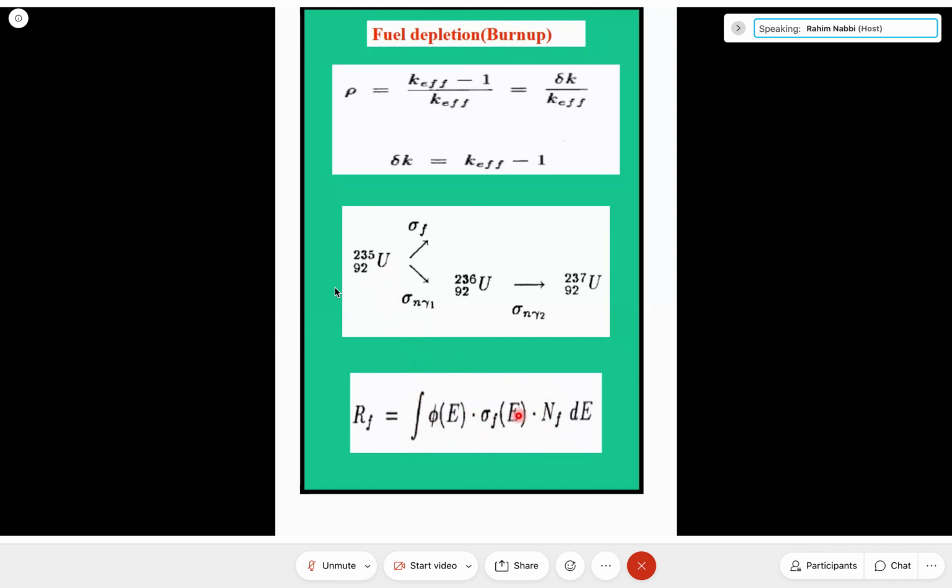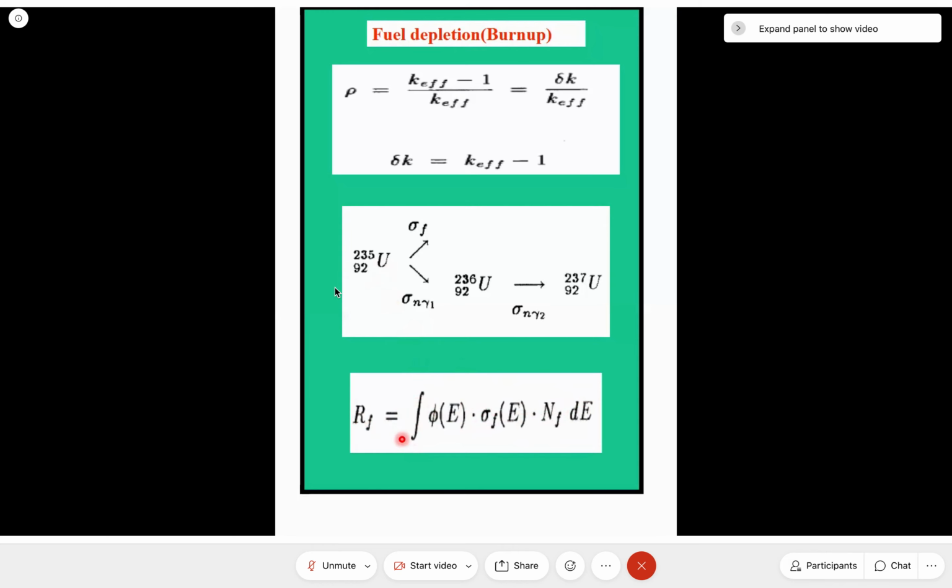And because everything depends on the energy, one has to integrate to find the sum for all energy points. So that would be the reaction rate or fission rate.